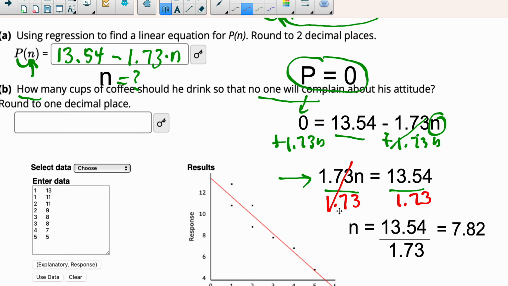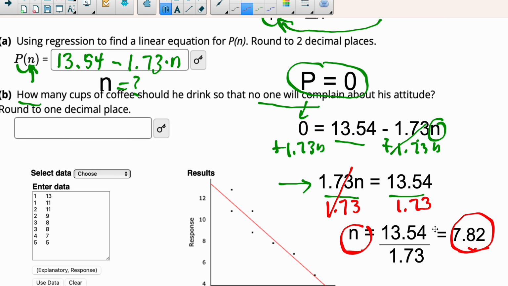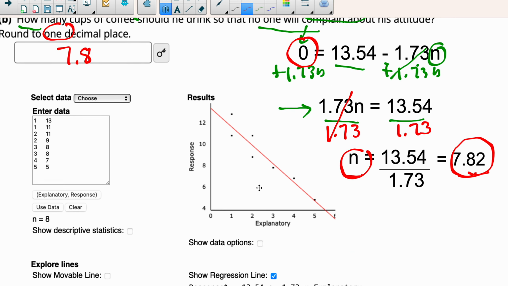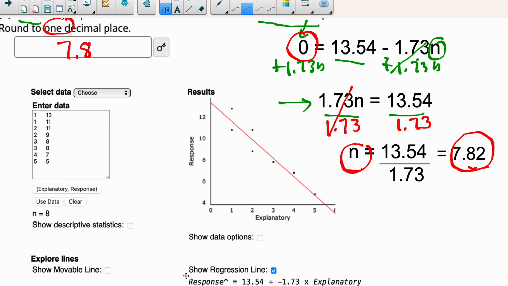Now I'm left with N is equal to 7.82. N represents cups of coffee. This is 7.82 cups of coffee so that 0 people complain. Well, we want to round to 1 decimal place: 7.8 cups of coffee. Again, we just took that regression line from Rossman-Chance.